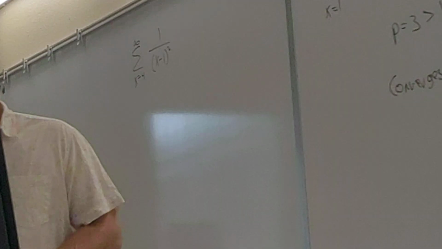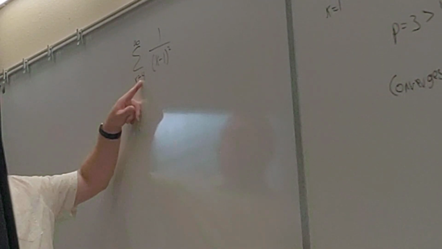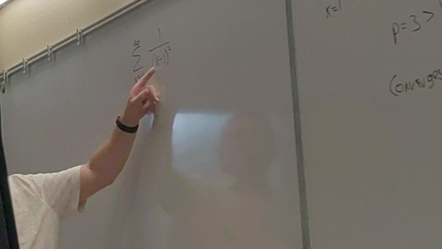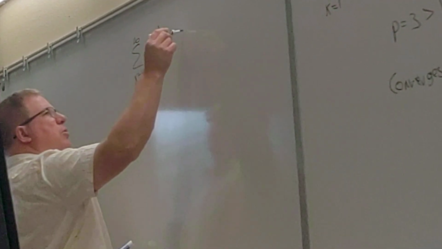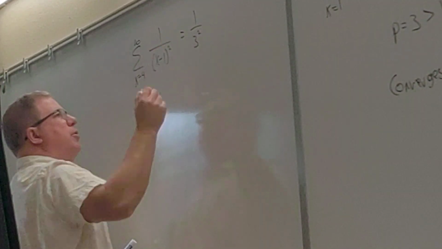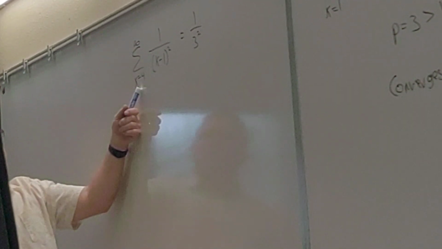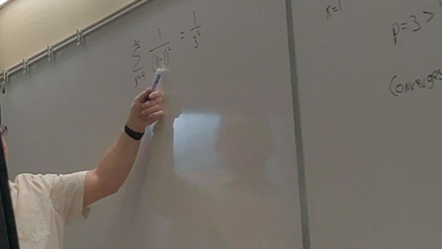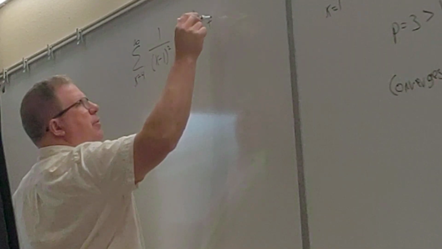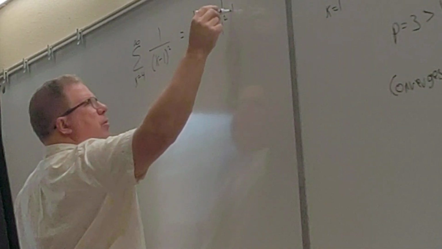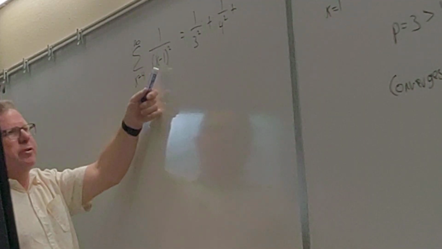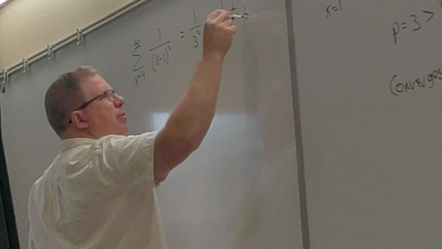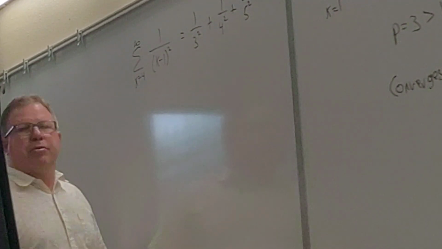Okay, if we put 4 in here, 4 minus 1 is 3. If we then go around and put 5 in here, 5 minus 1 is 4. Put in 6 in here, 6 minus 1 is 5. Correct?